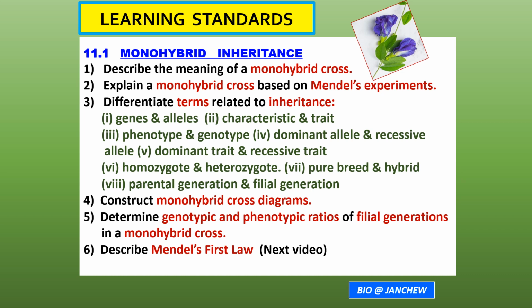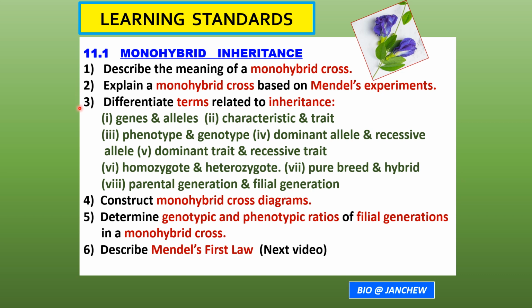The learning standards for today's lesson are as follows. Subtopic 11.1, Monohybrid Inheritance. After this lesson, we should be able to describe the meaning of a monohybrid cross. Number 2, explain the monohybrid cross based on Mendel's experiments.